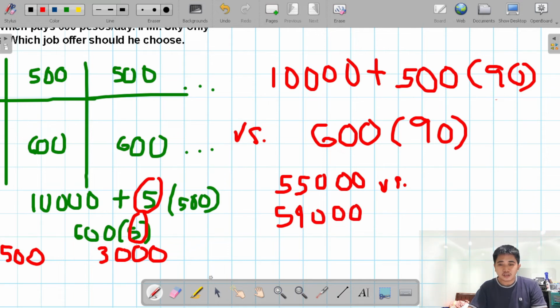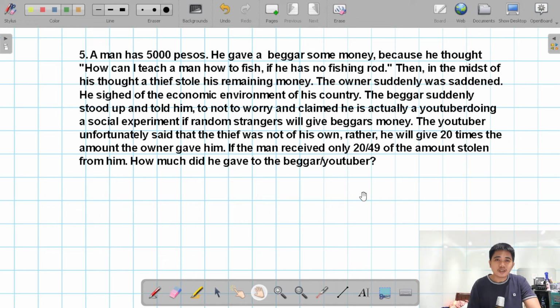So we have a clear winner now. Mr. Sky will actually earn 1,000 more than the second job offer after 90 days. So it's option 1.